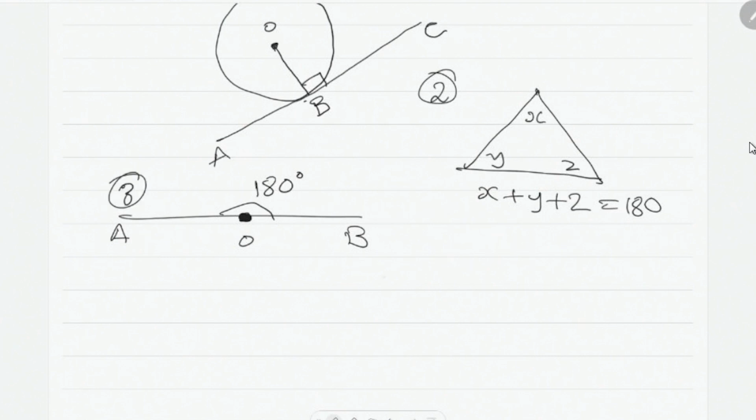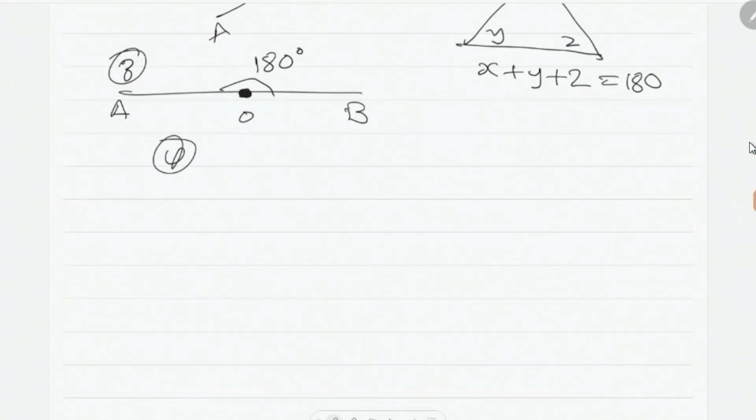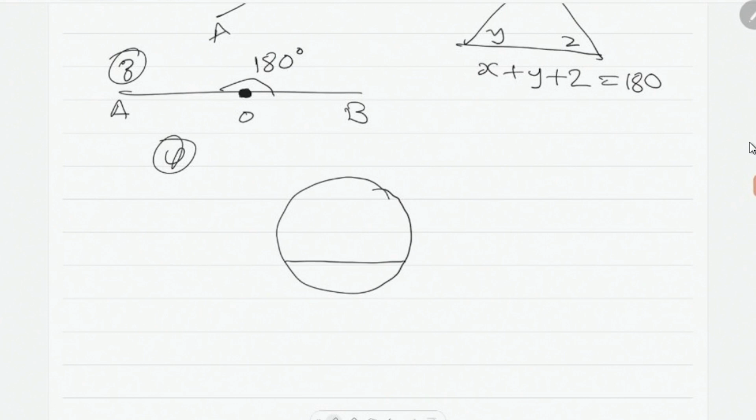Then the fourth property I want to talk about is angles in the same segment. So when is a segment formed? For example, when I draw a circle and a chord, this is not a diameter, or it's not a line passing through the center of the circle. It's just passing anywhere, touching the circumference at 2 points. So it is a chord. When I draw a chord, I form 2 segments.